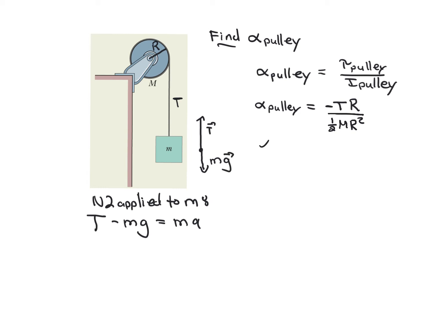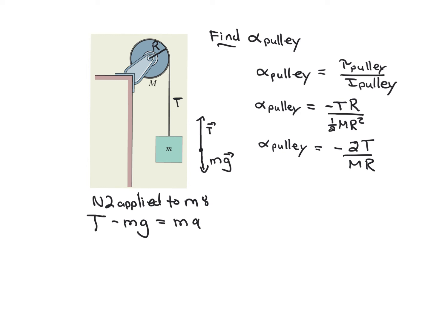So we have this relationship that the angular acceleration of the pulley is equal to minus, and I'm going to put the 2 in the numerator here. Dividing 1 by 1/2 is like multiplying by 2. I have minus 2T over m times r, because one of the factors of r cancels.